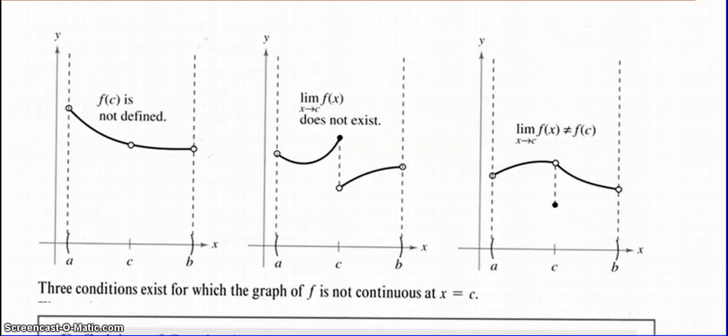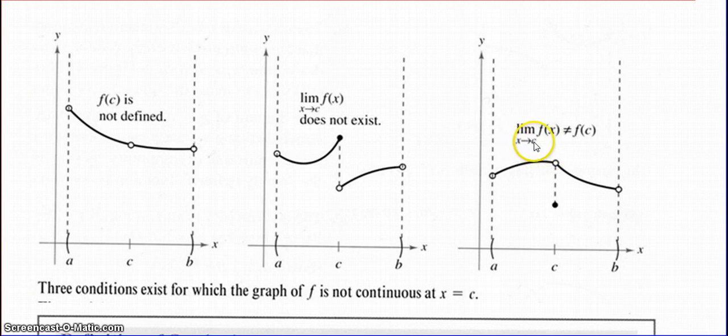So here we have pictures of three different conditions for which a function is not continuous. The first is showing that the function is not defined at the point. If f of c is not defined at c, then it is not continuous at c. If the limit of f of x as x goes to c does not exist, then the function is not continuous at c.